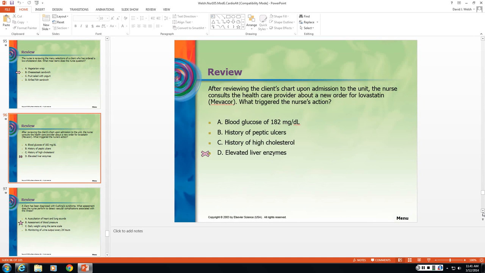Is it going to be blood glucose of 182, a history of peptic ulcers, a history of high cholesterol, or elevated liver enzymes? Remember, it's a statin, so it's going to be elevated liver enzymes.